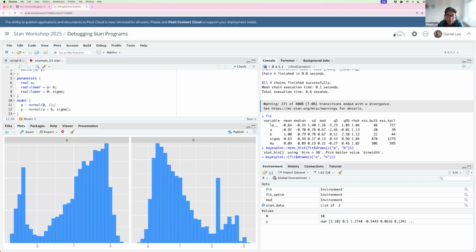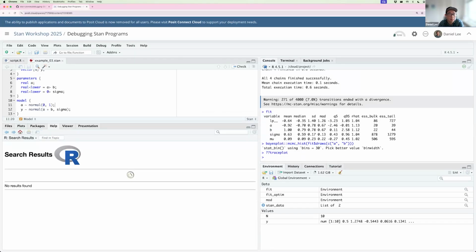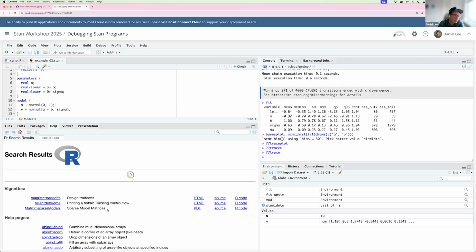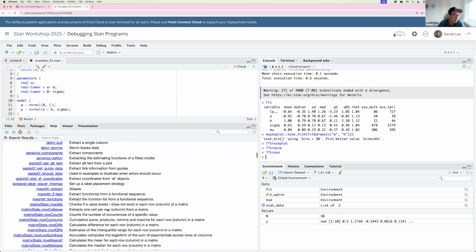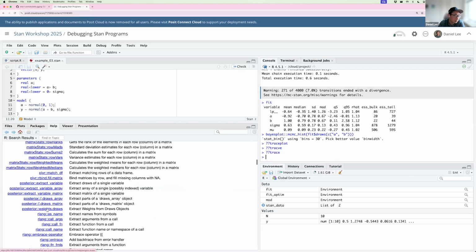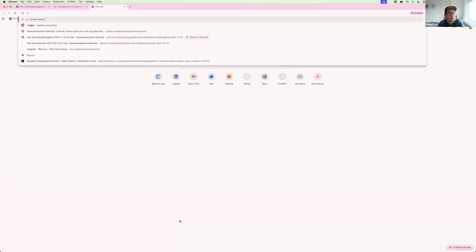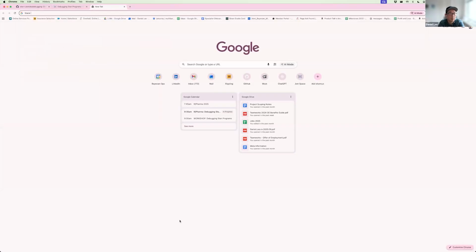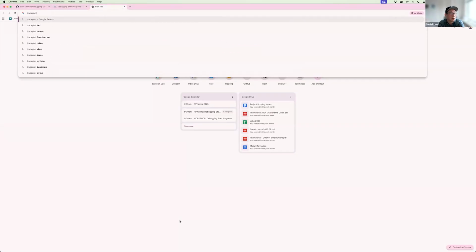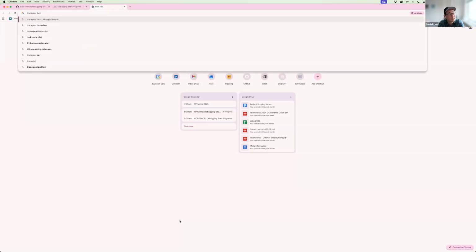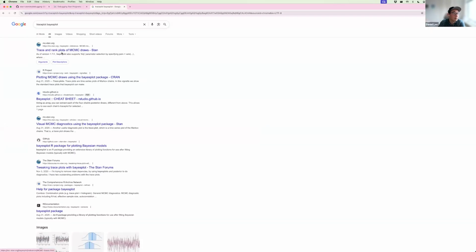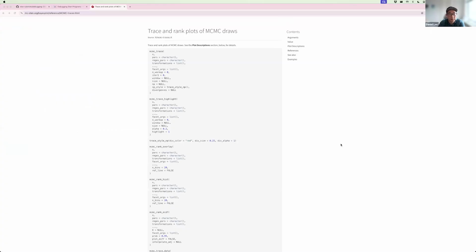How do I do a trace plot? I forgot how to do a trace plot and phase plot. Let's see, trace.